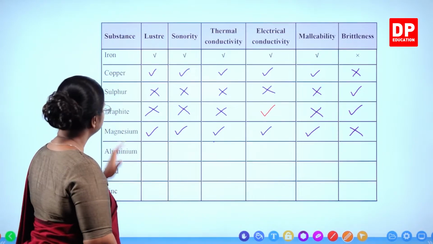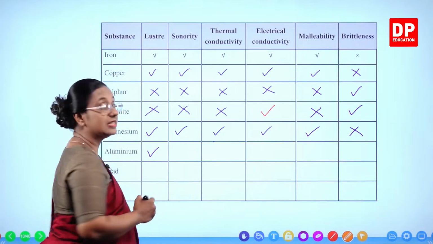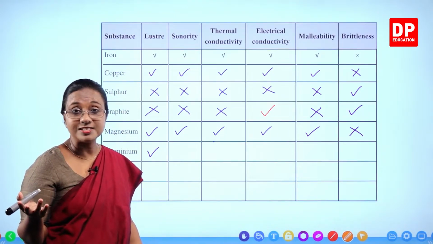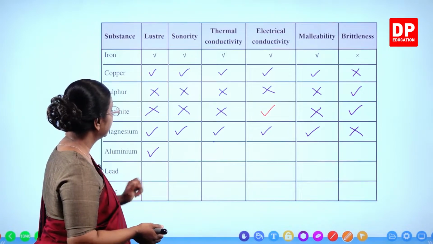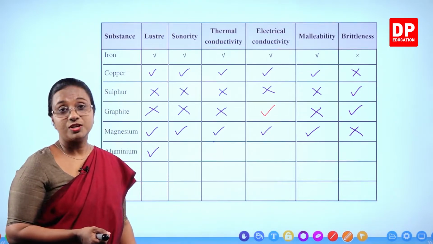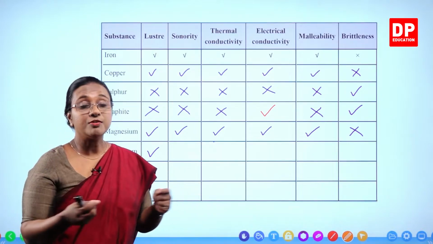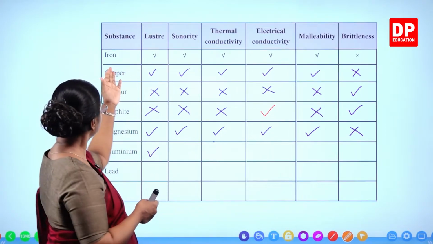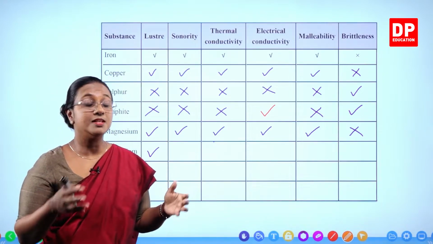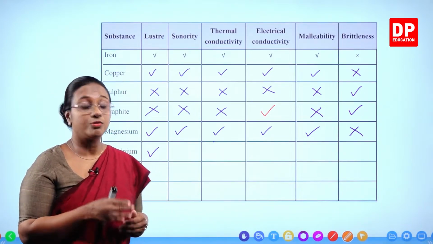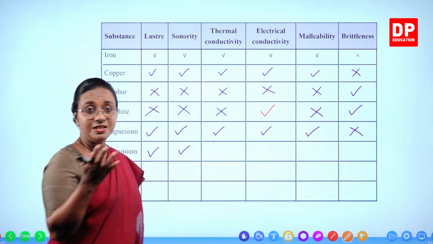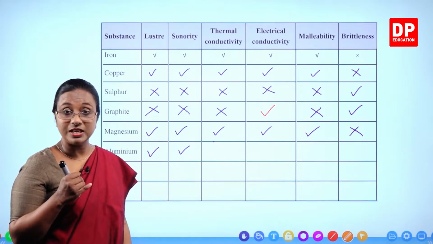Then aluminium. Yes, you have seen the shine of aluminium. Aluminium foil, aluminium vessels, they have the shine. They do have sonority. At home, if by mistake you drop an aluminium vessel, or even an iron vessel or a copper vessel, you get that ringing, sonorous sound. Thermal conductivity, yes, that's why we use aluminium as cooking vessels.